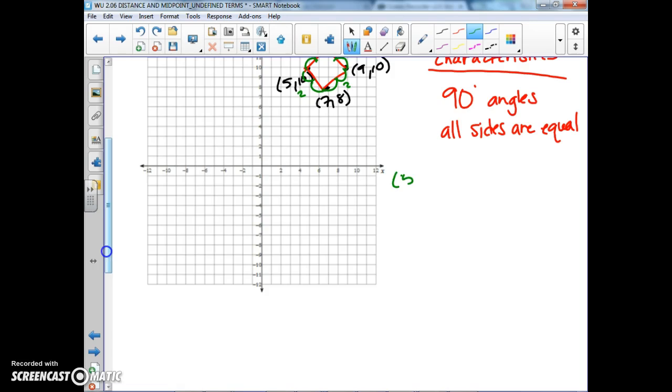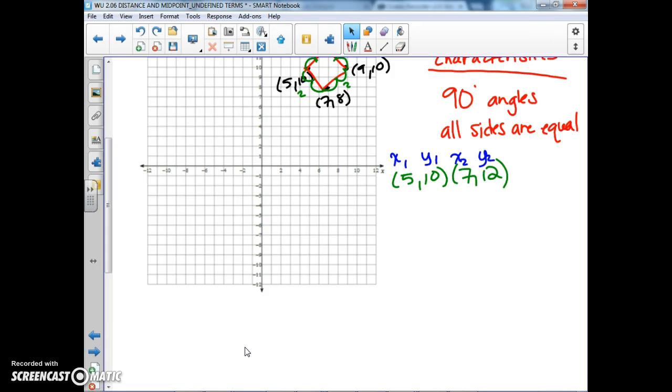So (5, 10) and (7, 12). This is x1, y1. This is x2, y2. And plug it into your slope formula.